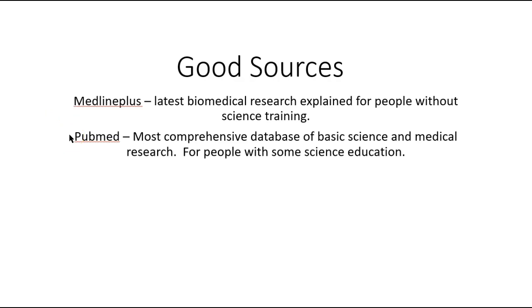And then PubMed is, as it says right here, a very comprehensive database, generally for scientists and biomedical researchers. If you have a little bit of science education, you can understand some of the stuff that's in PubMed, but most of the articles there contain all of the nitty-gritty, and this is where people publish. And if you're working in the sciences, this is where you go to see what people have been working on. It's a big part of what drives scientific discourse.